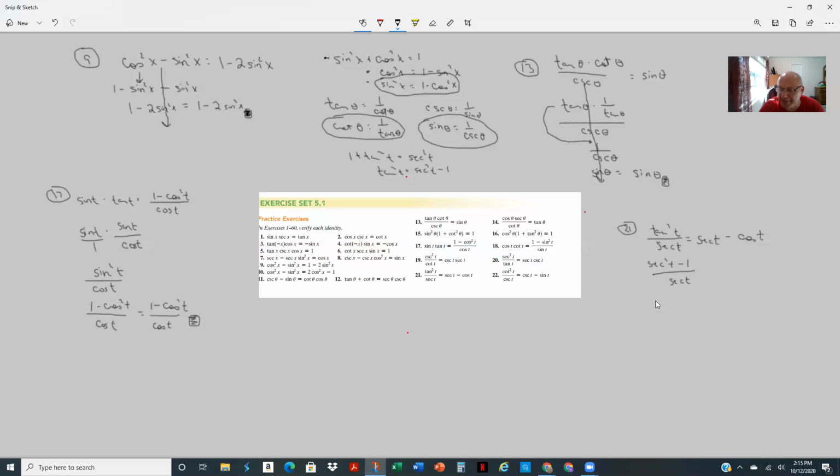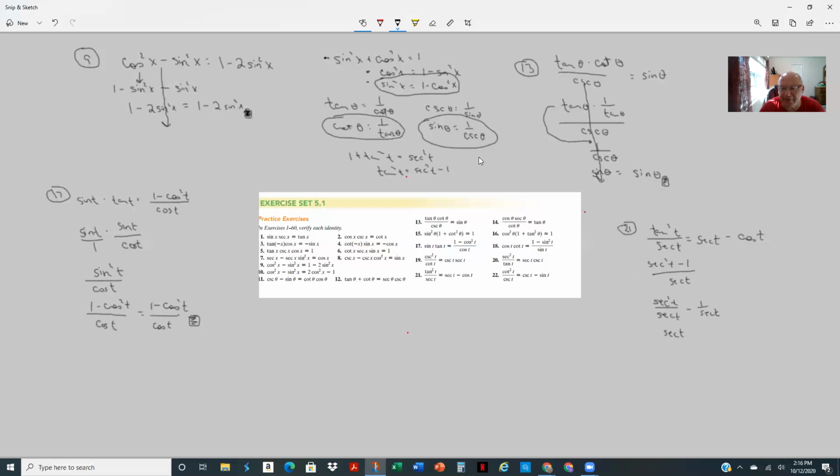So then I can break it up, secant squared of t over the secant of t minus 1 over the secant of t. And then secant squared over secant, of course, is secant. It's like saying x squared divided by x. And then 1 over secant, remember, is a reciprocal, and that was the third one of my identities.